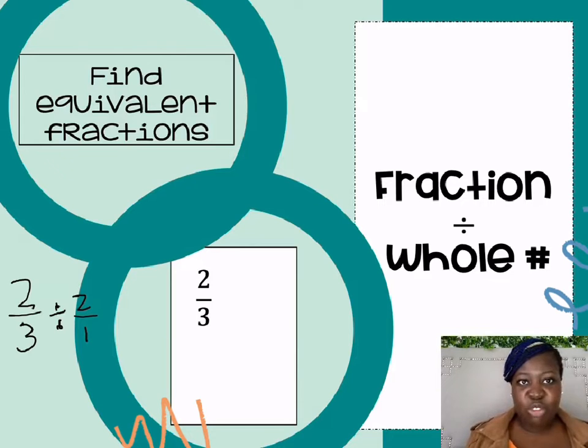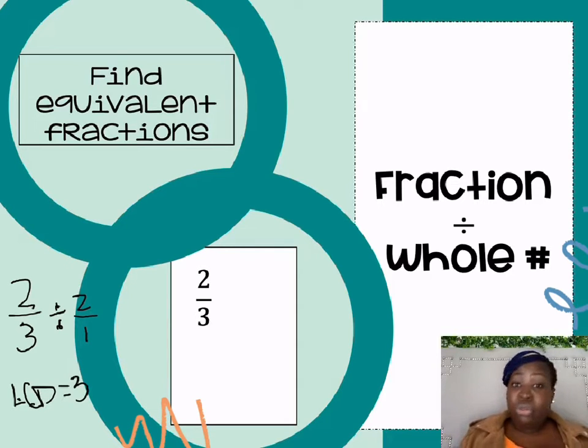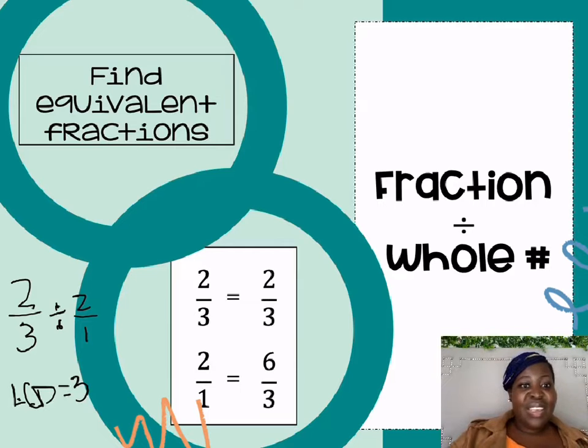And we know that our LCD is equal to 3. So let's see. 2/3 is how many thirds? It's the same thing, 2/3. And 2/1 is how many thirds? 2/1 is equal to 6/3.